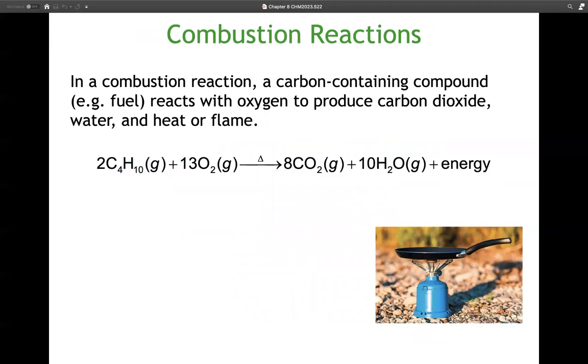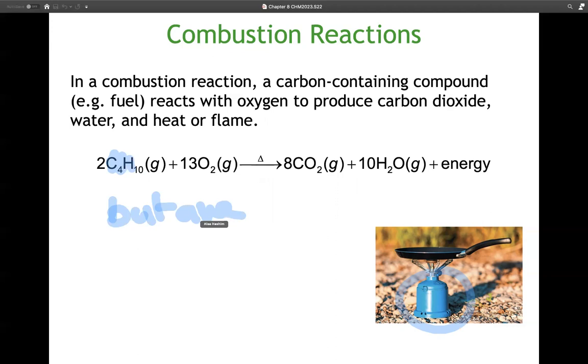Another type that we'll look at is combustion reaction. That's much like the reaction of fuel. In this case, what we have is C4H10, which is butane.